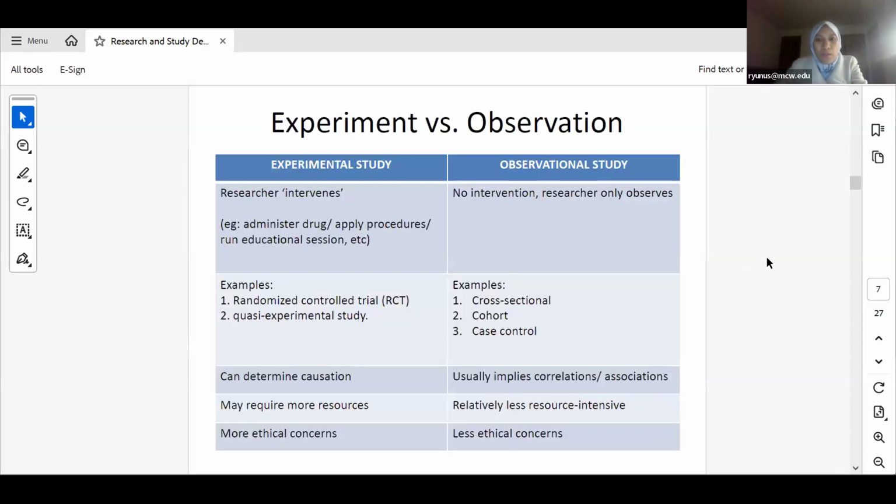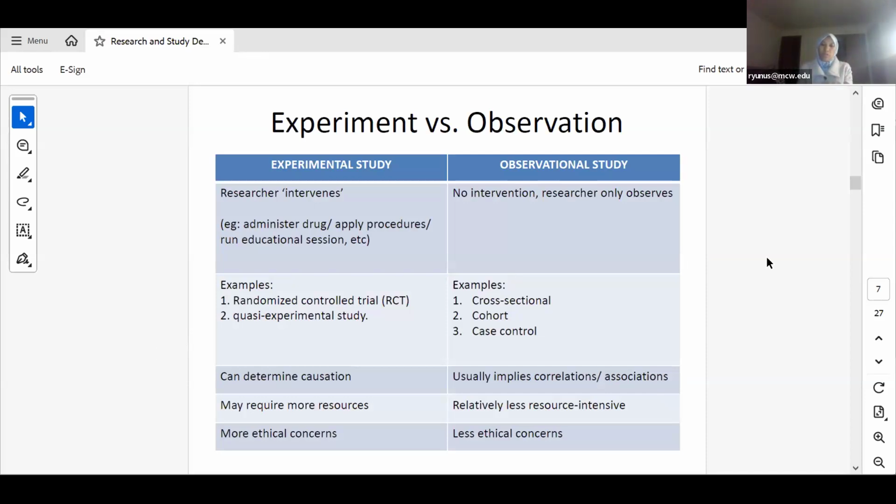Okay, now a very brief comparison between experimental and observational study. Let's look at the right column first, observational study. When someone says observational study, usually we mean a study where the researcher is just there as an observer.